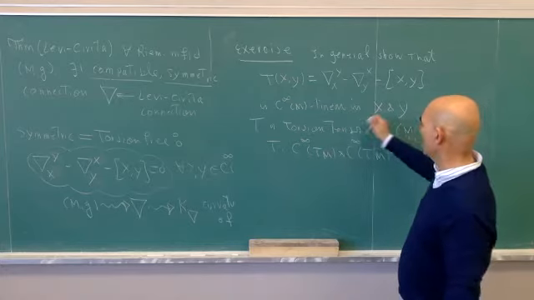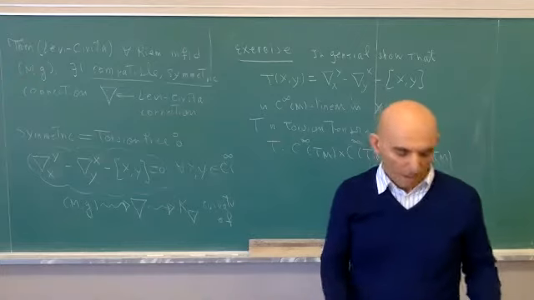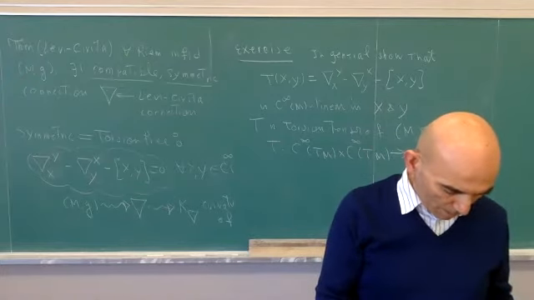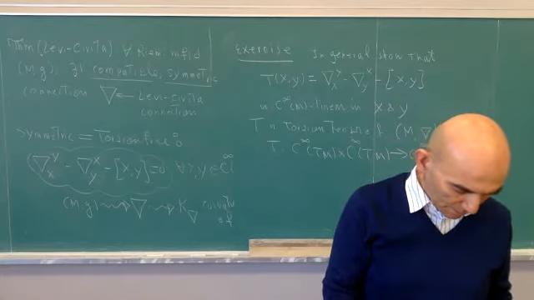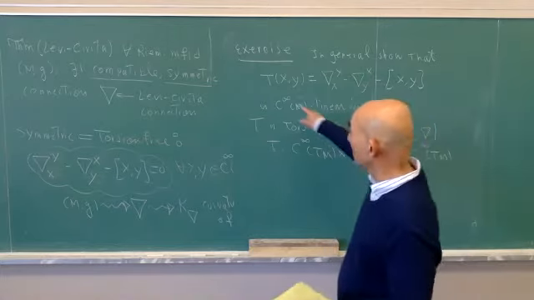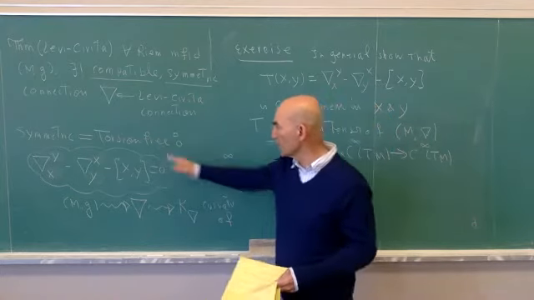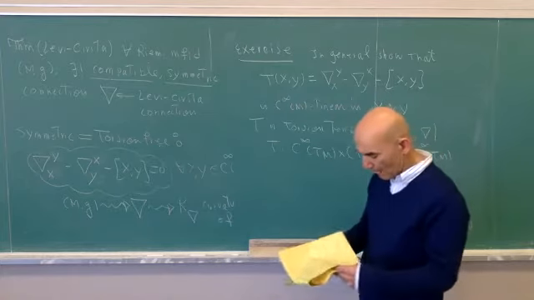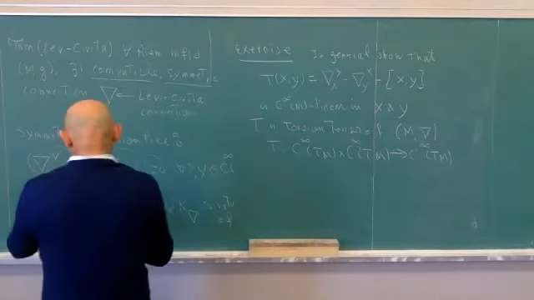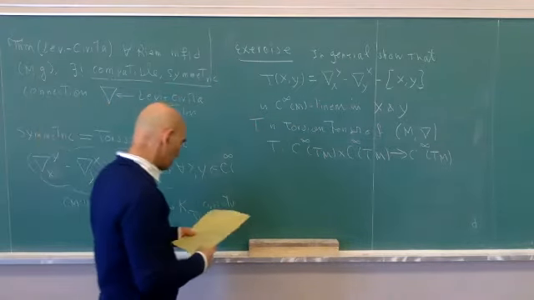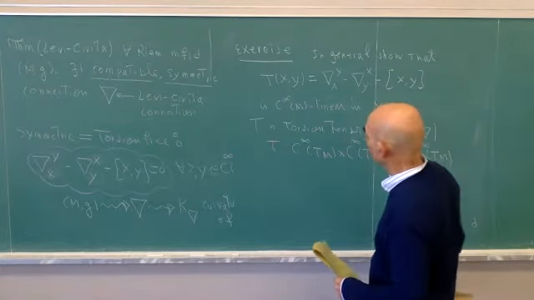That's why we are allowed to call it a tensor, but don't worry about the exact meaning of tensor at this stage. So this is a nice exercise. We are saying the torsion tensor should vanish. That's why it's called torsion-free: torsion free means the torsion is zero. So that's it, this is a theorem. The proof is not difficult, but there is even a formula, so maybe I can give you the formula for the Levi-Civita connection.